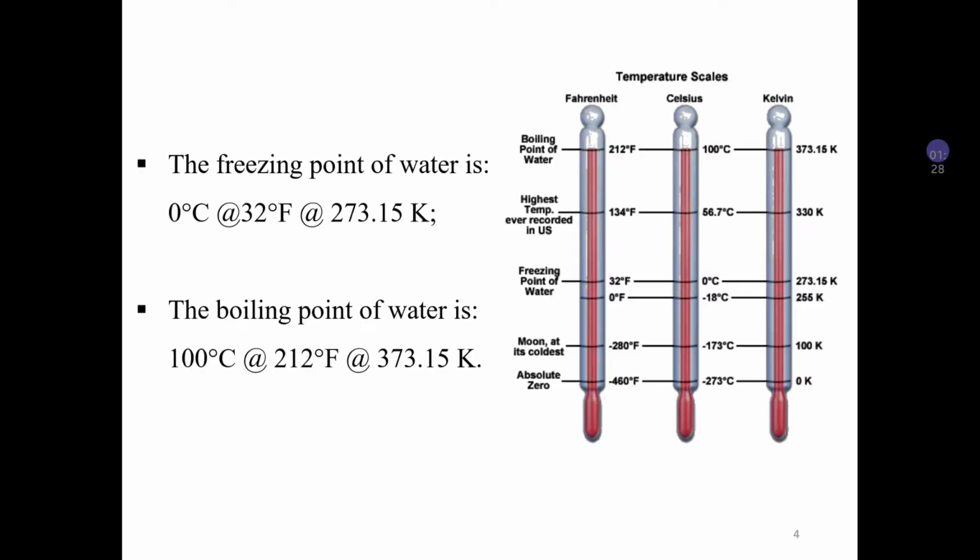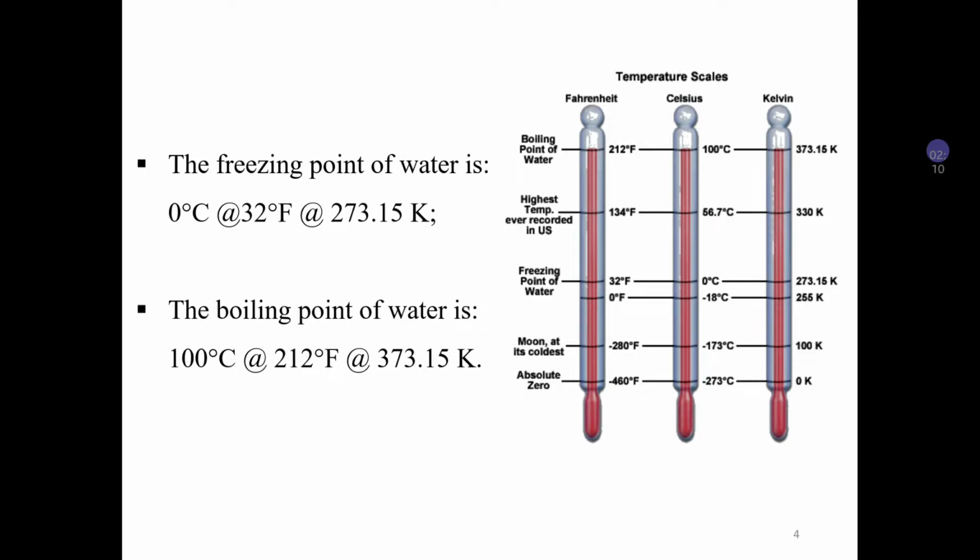There are some temperature scales, so when you have a value of temperature, for example in terms of Celsius, sometimes you need to convert it into Fahrenheit. So how do you convert from Celsius to Fahrenheit, from Celsius to Kelvin, and so on? You know that the freezing point of water is 0 degrees Celsius, which is 32 Fahrenheit, and 273.15 Kelvin.